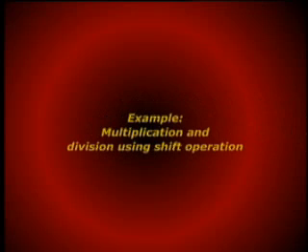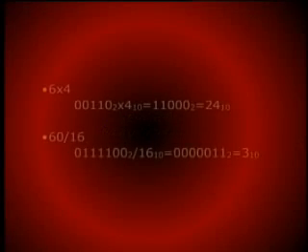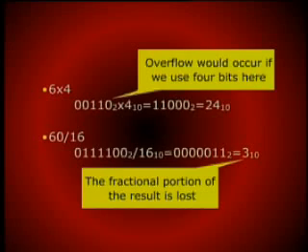Let us see a multiplication of decimal 6 with decimal 4. In binary, 6 is represented using 5 bits as 0, 0, 1, 1, 0. And we want to multiply it with 4, which would mean let us shift this number twice on the left. So when we shift twice, this would become 1, 1, 0, 0, 0, and that is equivalent to 24 in decimal.